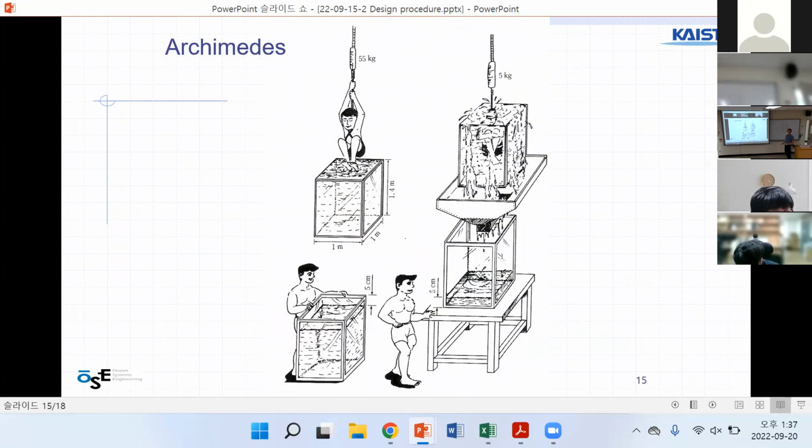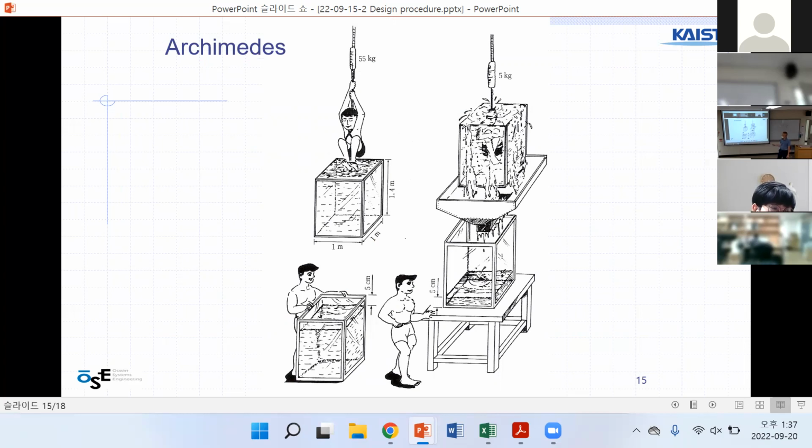Archimedes. See, your body weight in air is 55 kilograms. Put into the water, submerged, then water is overflowing, and your weight is lower, down to 5 kilograms. Then the weight of the overflowed water should be a number.